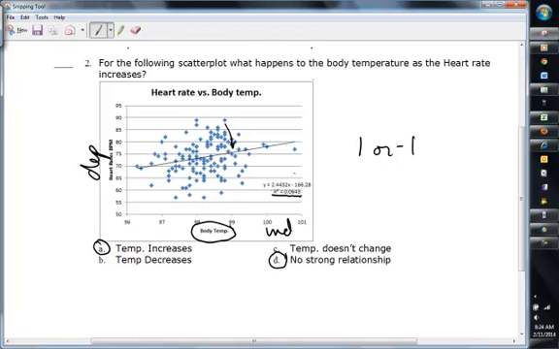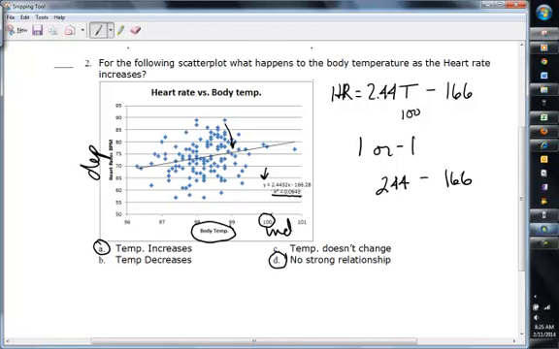Remember that the line indicates y is the heart rate, so we would say the heart rate is 2.44 times the temperature minus 166. So if you have a temperature of 100, 100 times 2.44 is 244 minus 166.